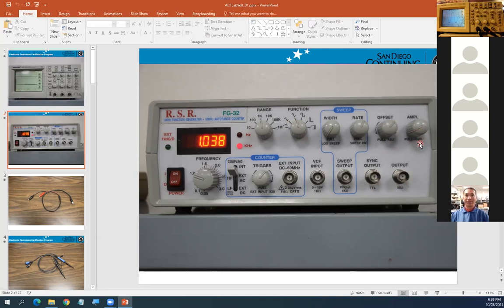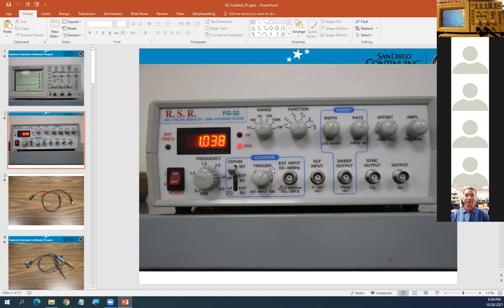You turn clockwise, it keeps increasing. And this is the output of the generator. If you're looking in here, you see that is a 50 ohm output impedance of the generator.